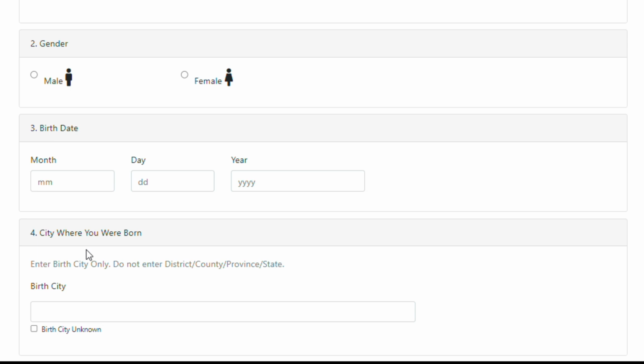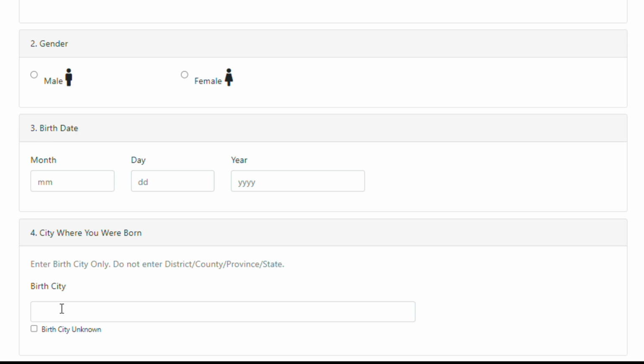Even if it's a tiny village where you were born, if that name appears on the birth certificate as your place of birth, that name is what you're going to insert here, the name of that village. Same case applies to other towns or centers. So if you have a village, a town, or a center as the name of the place of your birth, then you use it here, even if it's not a city, so long as it appears on the birth certificate.